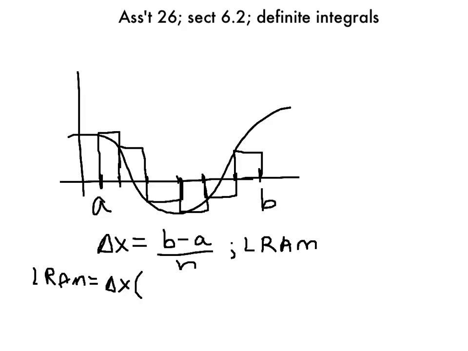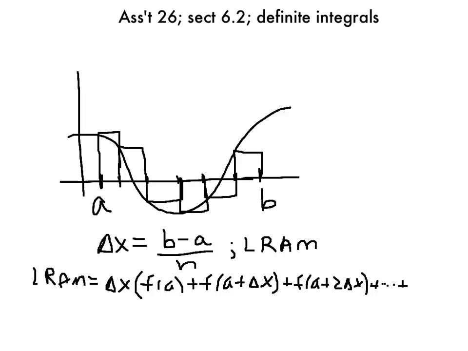And what I have then is f of a, plus f of a plus delta x, plus f of a plus 2 delta x, and we continue like that until we get to f of a plus (n minus 1) times delta x. And that is LRAM.